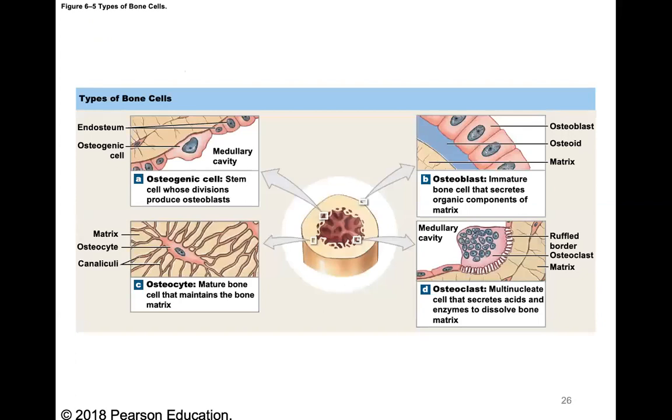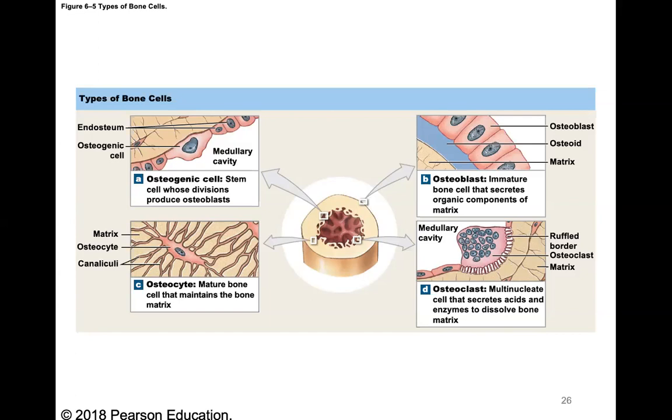The osteogenic cells are the stem cells, and they will divide and produce what are called osteoblasts. An osteoblast is an immature bone cell, but it's also a cell that's actually secreting extracellular matrix. Osteocytes are mature bone cells. They are found within the lacuna.